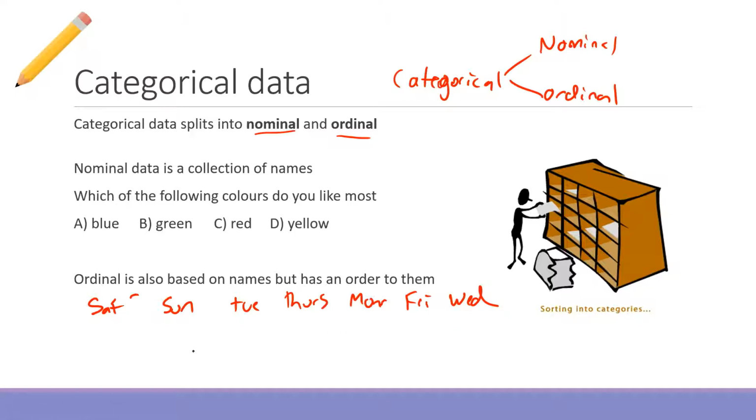I could write down the days of the week like this, and I could say, which is your favorite day of the week? But there's something weird about that. That was actually really difficult for me to write down. The reason it's weird is because even though they are names, these names fall in a cycle.